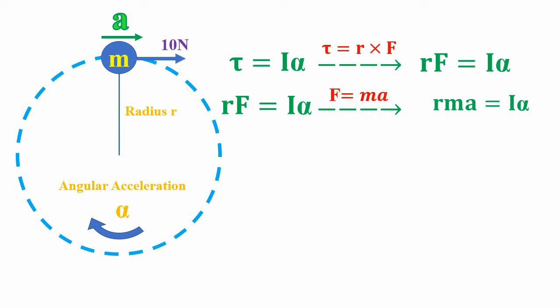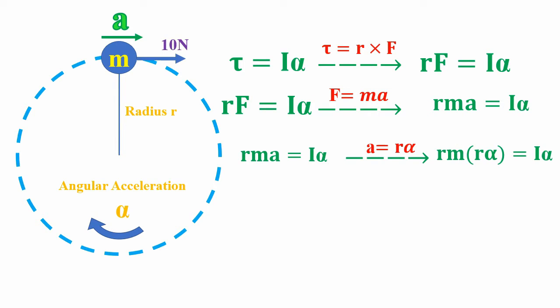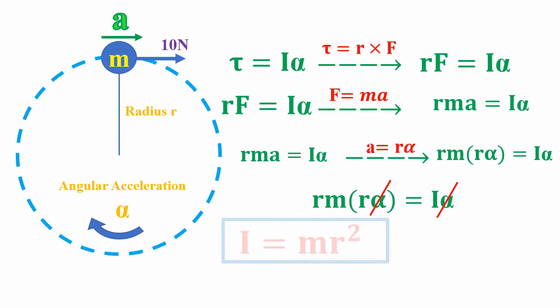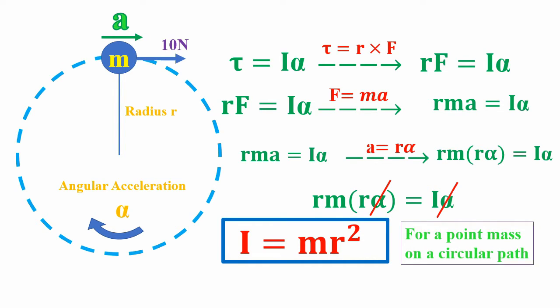Finally, we can use the circular motion equation a equals r alpha to get this. With some extra simplification, we arrive at the conclusion that for a point object moving along a circular path, the moment of inertia of the object about its rotation axis is I equals mr squared.